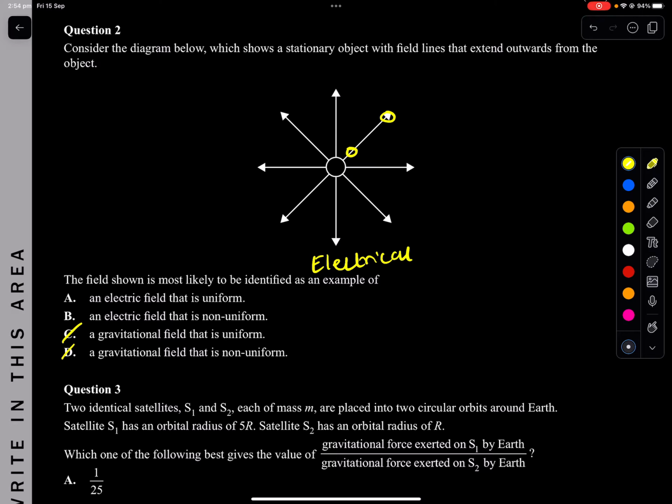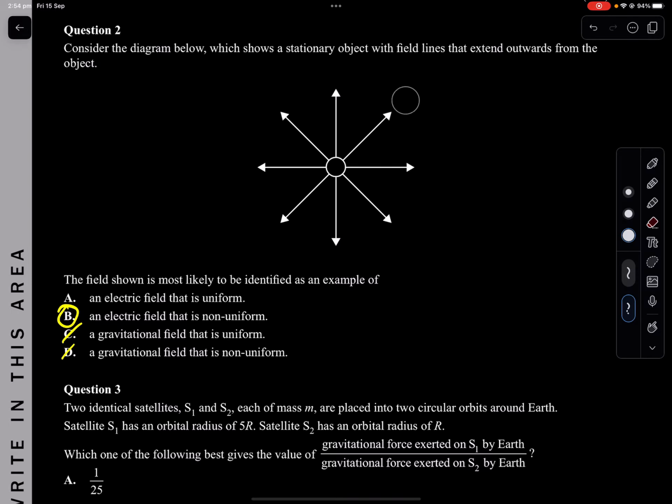Here it will be very strong, and here it will be very weak. Because they are very different, it is non-uniform. Uniform means they are the same. So if you put an object over here, it should have the same electrical strength. Absolutely, that's false. So the only possible answer for this one is an electrical field that is non-uniform.